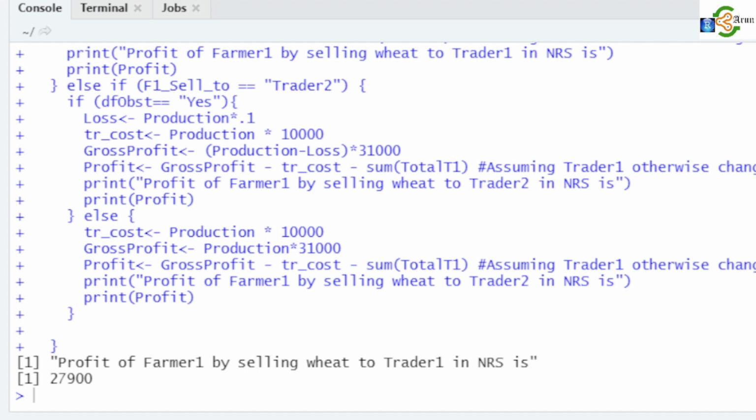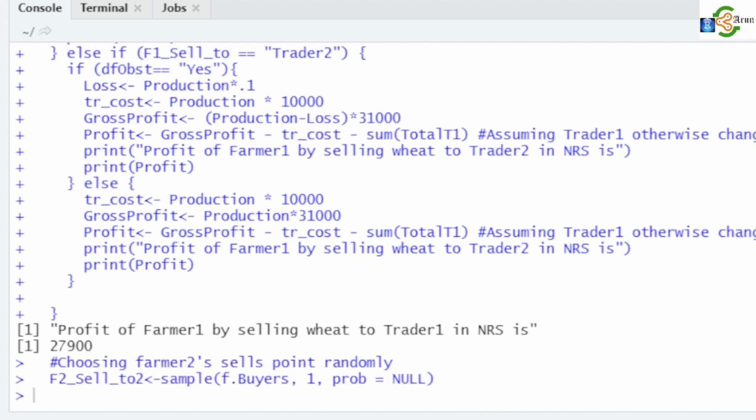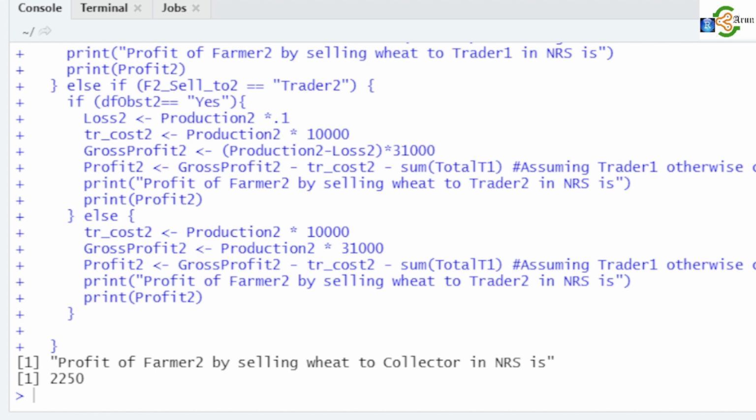Let's do a simulation for farmer 2. So that's the final code. Farmer 2 sold the produce to the collectors, and the profit made is 22,250. It's far less compared to farmer 1.